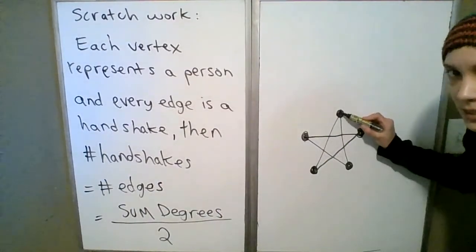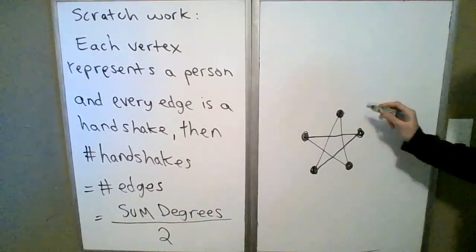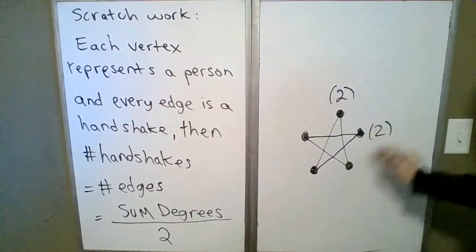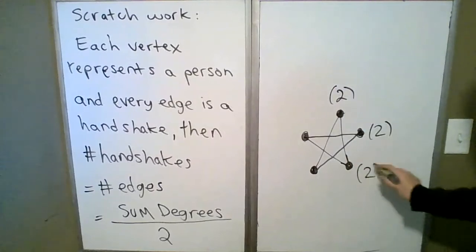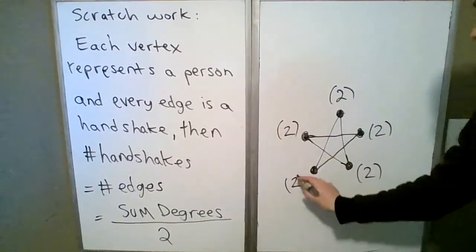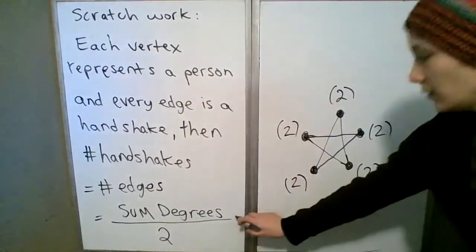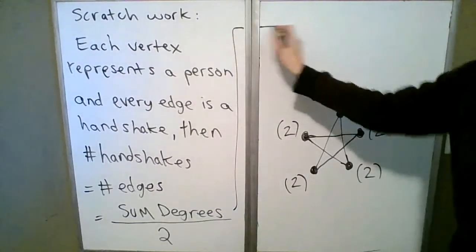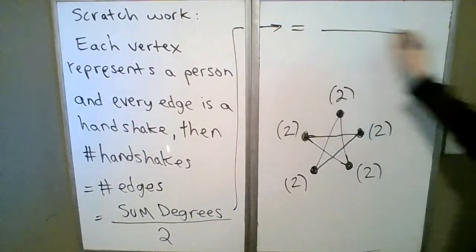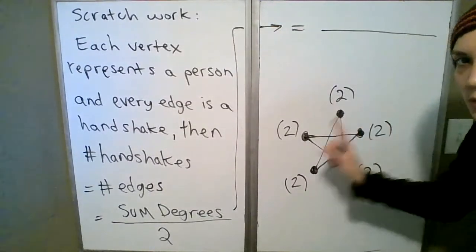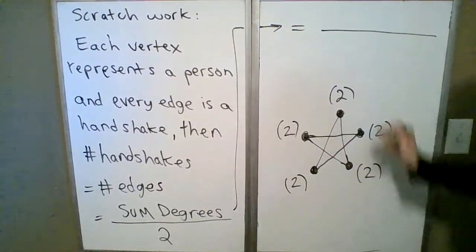Okay, every vertex has degree 2. So there's 2 connections. Same here. 1, 2. 1, 2. From here. Add all of the degrees. So 2 plus 2 plus 2 plus 2 plus 2.